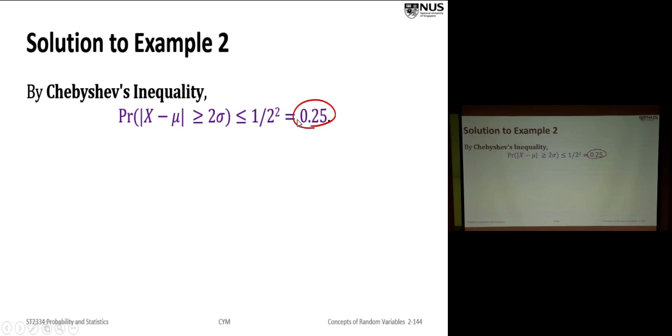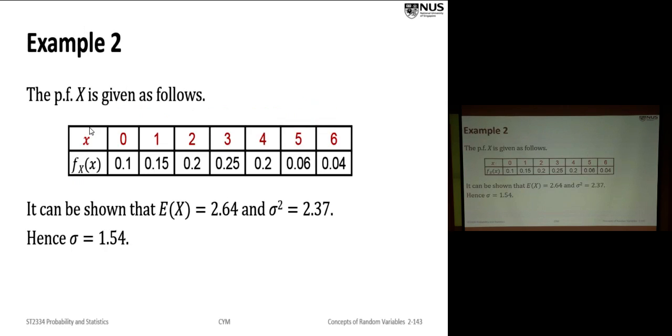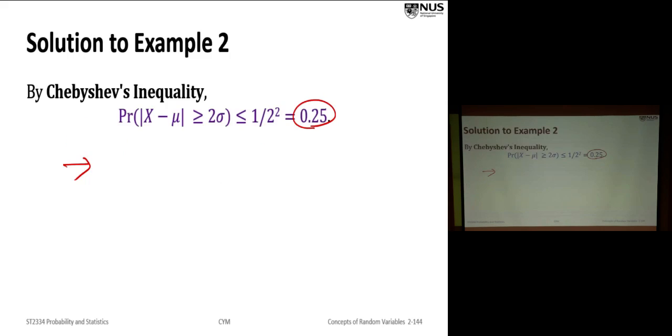This is applying the Chebyshev inequality. The objective is to show what the true value is. What is this probability? Now, I can compute the exact probability because I have the probability function.